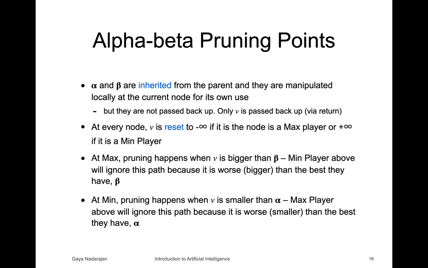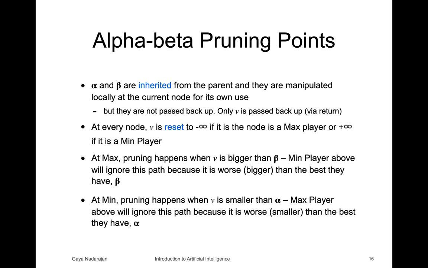So let's think about a few points that I can give you right now. Talk about these 3 variables, okay? Alpha and beta, okay, they are actually inherited, right? As you're going down the game tree, alpha and beta are inherited. So if you are a node, you get your alpha and beta value from your parent. However, once you have your alpha and beta, you're going to play around with it.